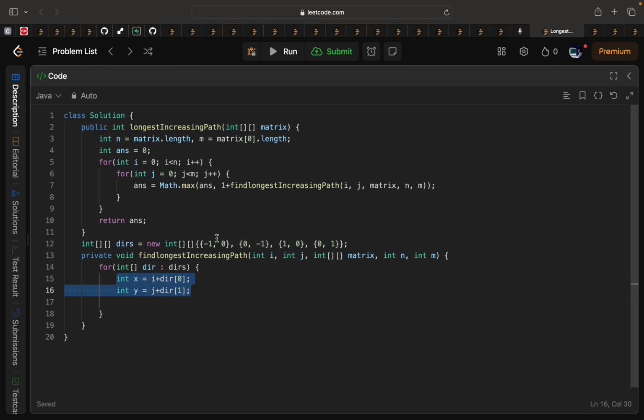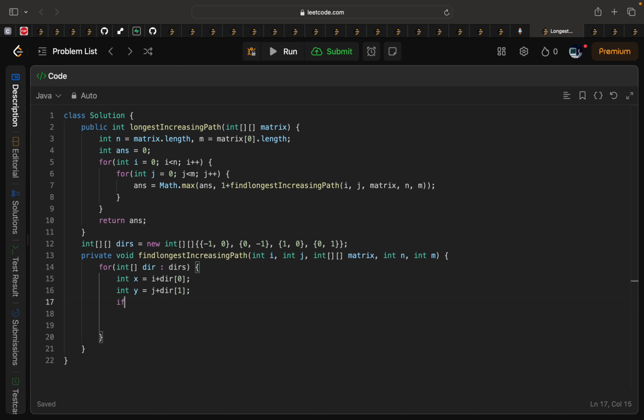By iterating the direction vector over all 4 directions, we will find all the 4 adjacent cells. Now we need to move into these adjacent cells. So basically we have a condition that first these cell indices need to be valid, and also the value present at this particular cell should be greater than the current value.